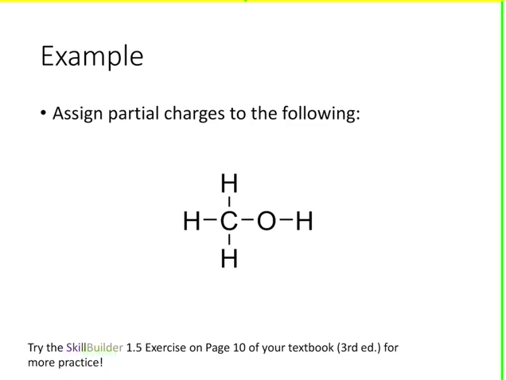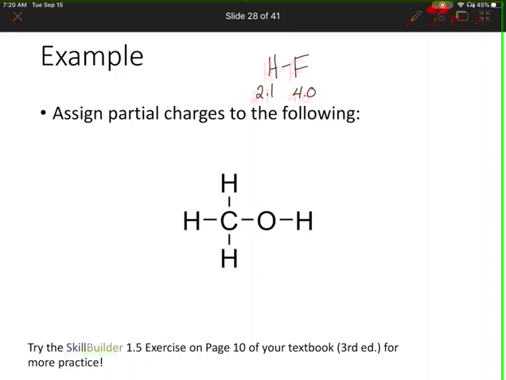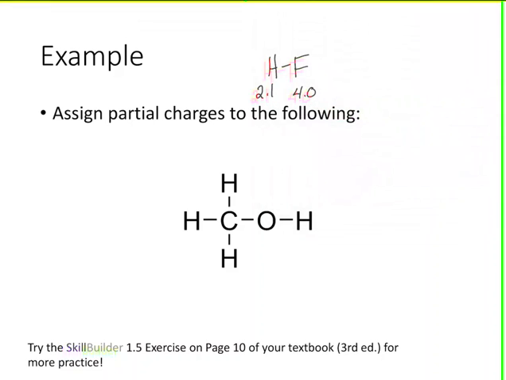Okay, now remember that you can also have partial charges in a molecule based on the polarity within that molecule. Looking at the hydrofluoric acid example again, we know that fluorine is more electronegative because it has a higher electronegativity value than hydrogen. So one way that we can indicate that fluorine attracts electrons more than hydrogen is to draw partial charge symbols.